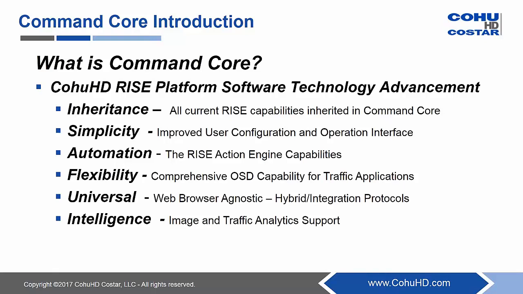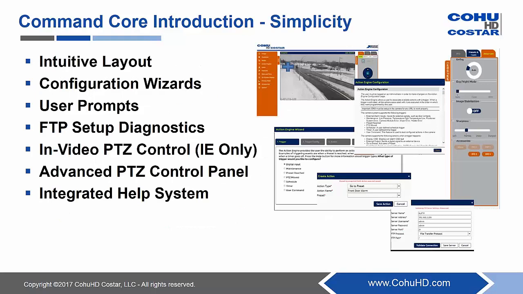Now, what is Command Core? Command Core is a CohuHD RISE platform software technology that we have developed to accomplish a certain number of objectives. One is inheritance. All of the current RISE capabilities are inherited into the Command Core software platform.